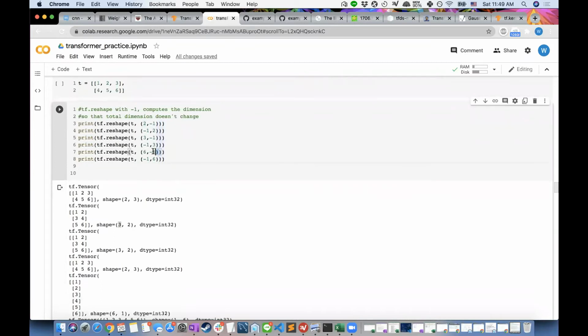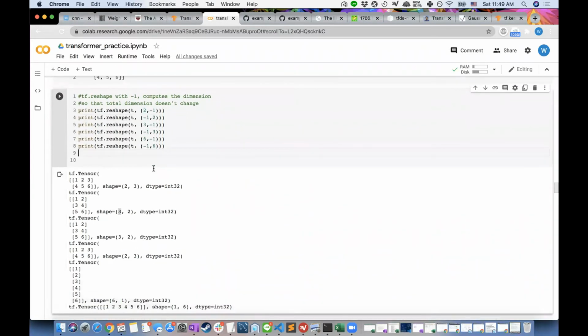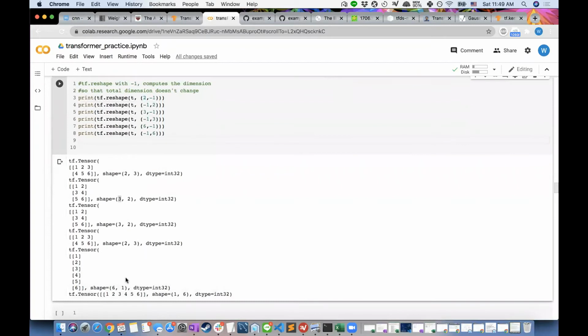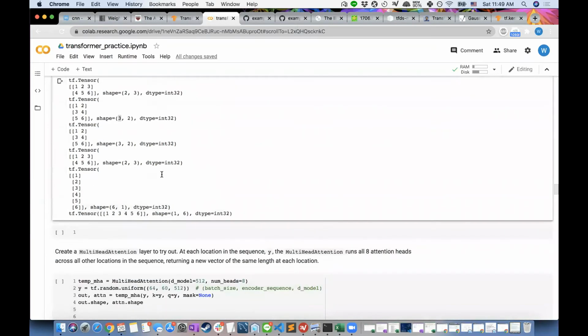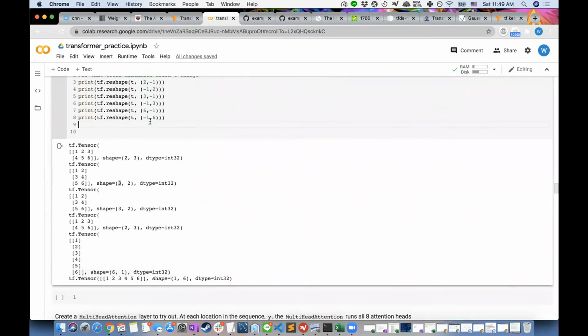And in this case, if you set the first dimension as 6, it will automatically calculate the second dimension for you, which is 1, right? So that's what the -1 does. You let TensorFlow calculate the dimension, because that dimension is almost fixed if you set enough dimensions and leave the last dimension to be calculated.